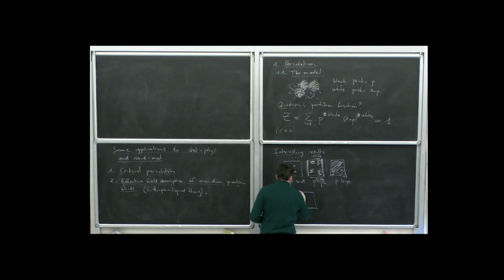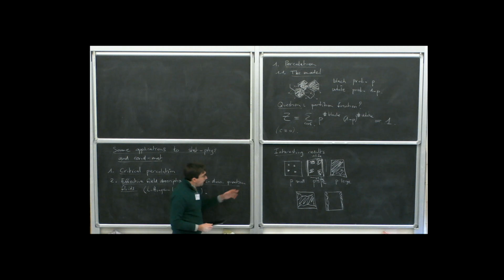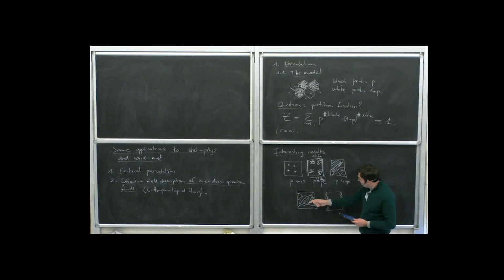There are configurations where there's a cluster that crosses in this direction, and there are configurations where there's no crossing cluster. And you can ask, what is the probability that this happens? What is the probability that there's a percolating cluster?